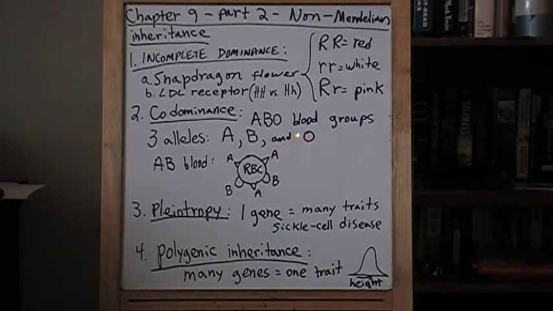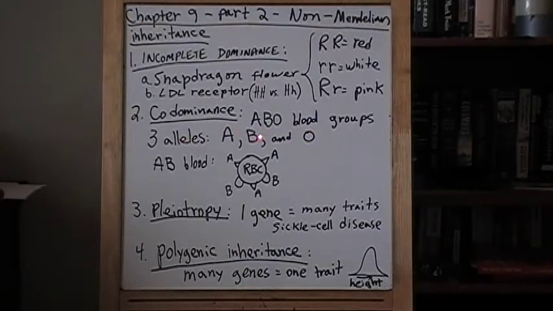In the ABO blood groups you have 3 alleles called A, B, and O. In each person you have 2 alleles, and it can be either 2 A's, 2 B's, or it can be an A and a B, or an A and an O, a B and an O, or even two O's.